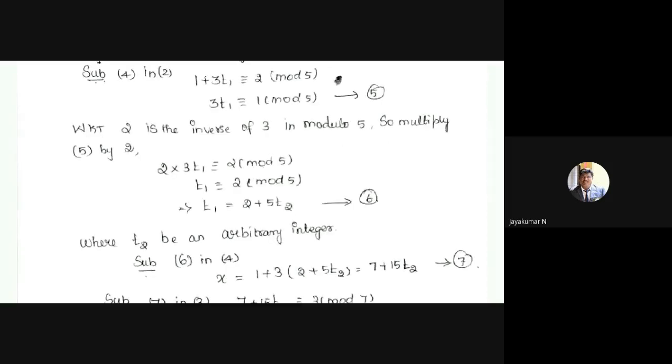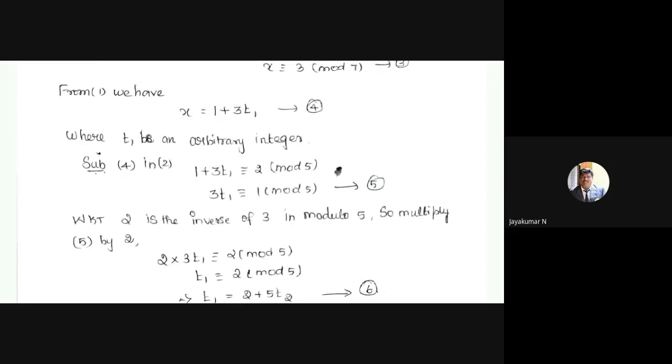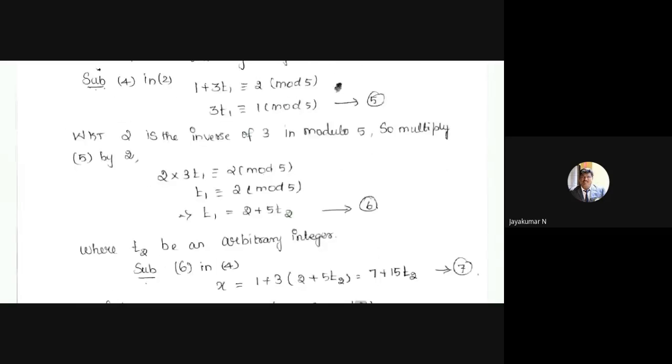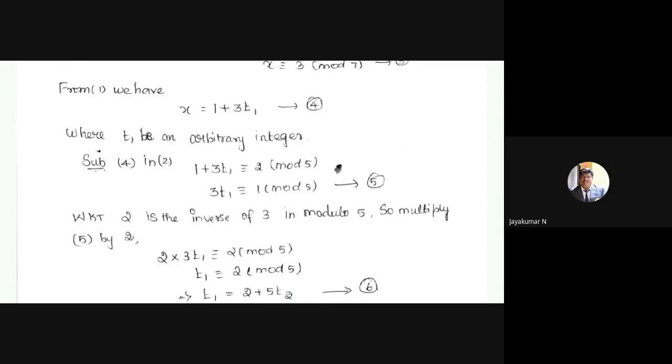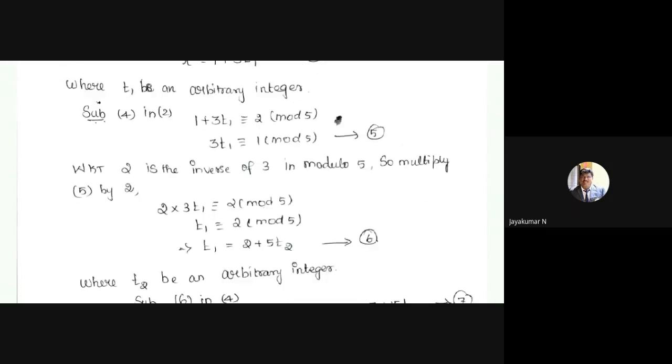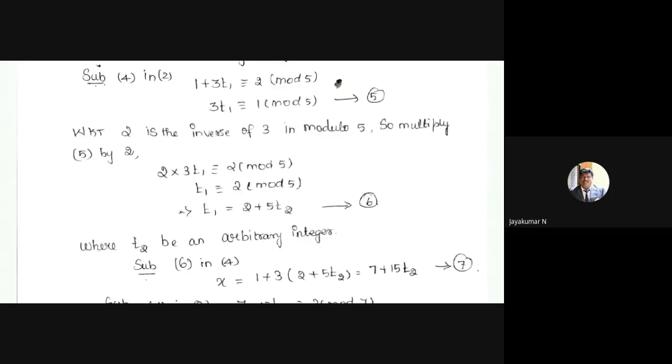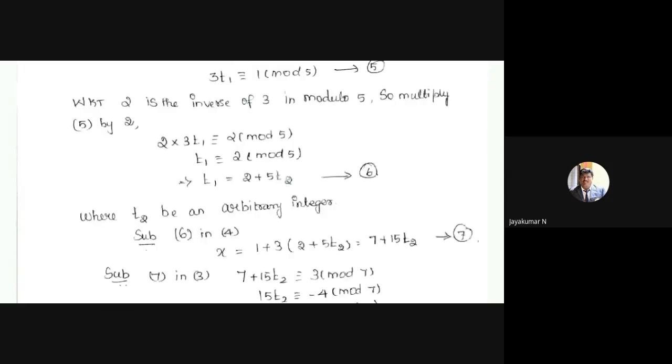Now equation 6 will be substituted in equation number 4. So x is equal to 1 plus 3 into t1, where t1 is 2 plus 5t2. So 1 plus 3 into (2 plus 5t2) equals 7 plus 15t2.